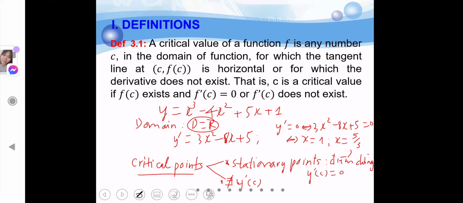So we conclude that the given function has two critical points, and both are stationary points. Why do we say stationary point?